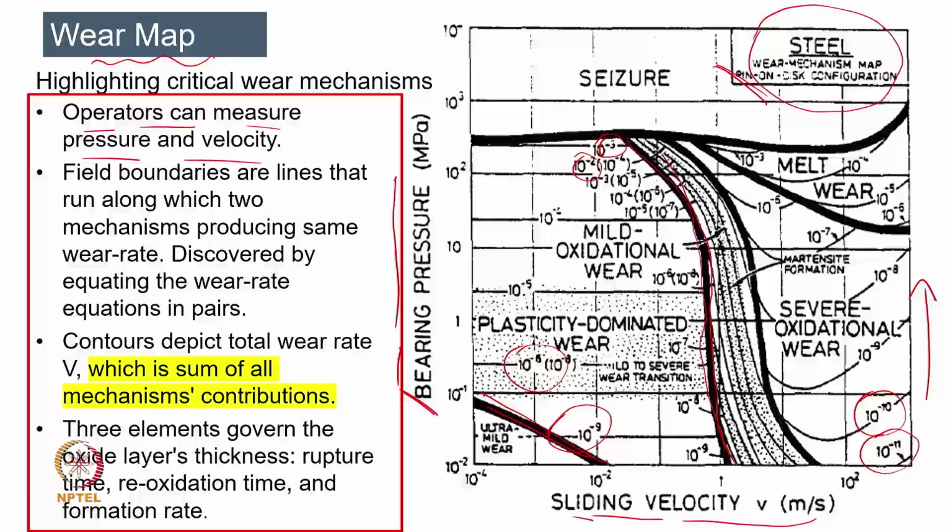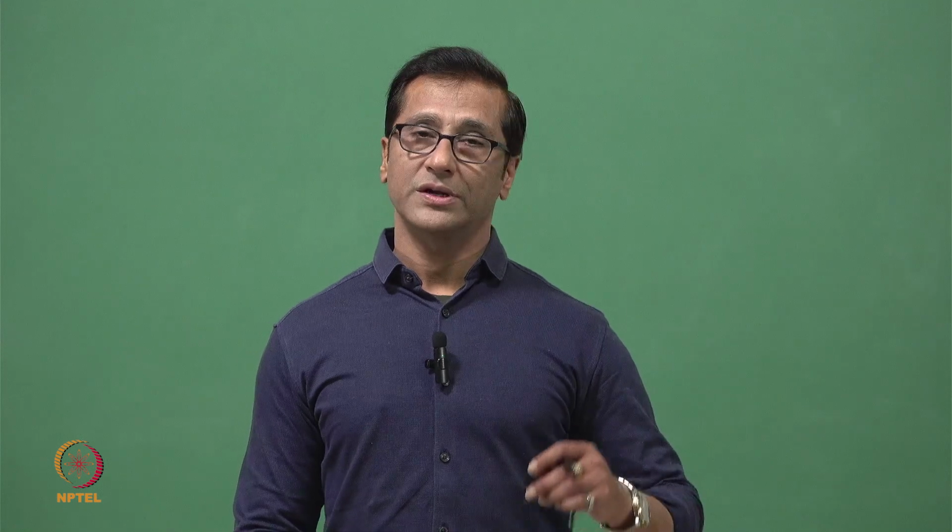Particularly these black lines are the field boundaries, they run along the two mechanisms, as I said, the transition from one mechanism to another mechanism. This does not really distinguish whether it is abrasive wear, adhesive wear, or fatigue wear. It gives the value of the wear coefficient, and if the wear coefficient is lesser, we are comfortable. If the wear coefficient is on the higher side, we are not comfortable. We need to take appropriate care.